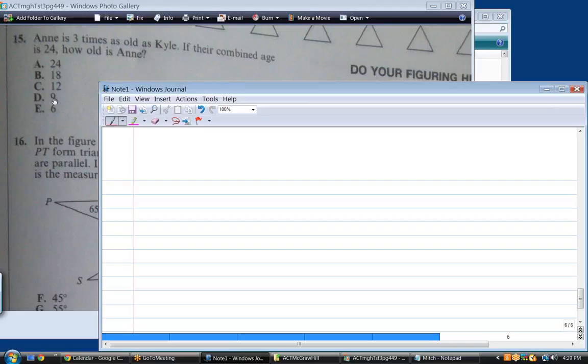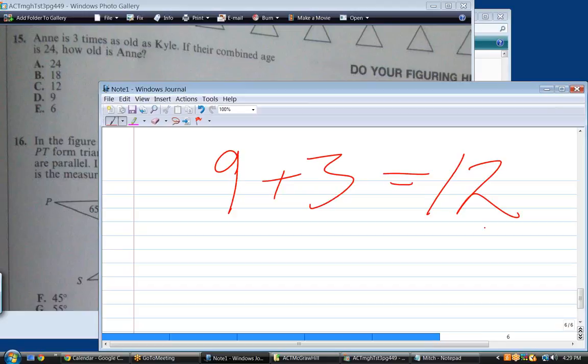Well, if Ann is 9, Kyle would be 3. That adds to 12. I know for sure that she's got to be older than 9. So I don't have to try 6. I just have to try the next to highest age, 18, and that will tell me for sure what the answer is, even if it's not correct.